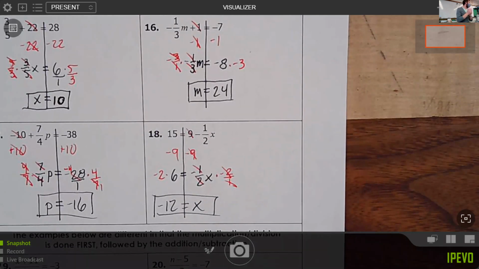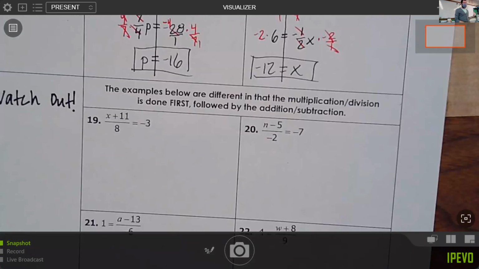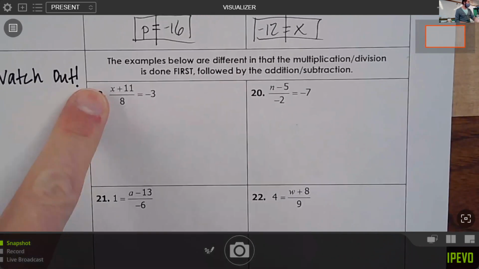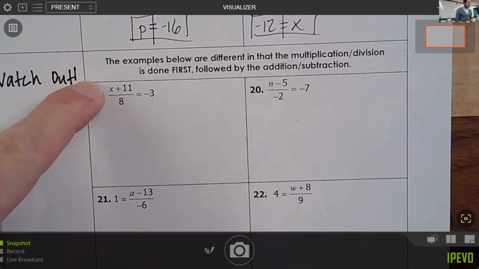All right, so that's a pretty quick recap summary of 1- and 2-step equations. There are a few more down here that I want to talk about. Now, if we were using order of operations, if we knew what x was, what would we do first?